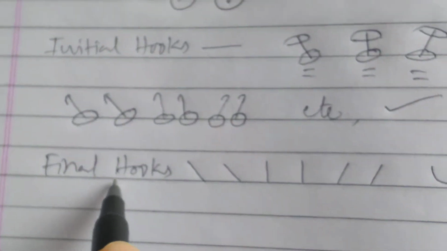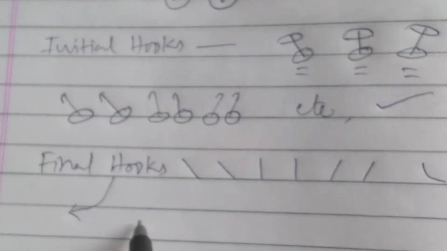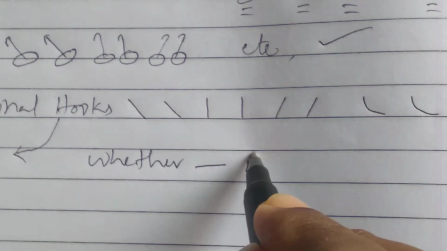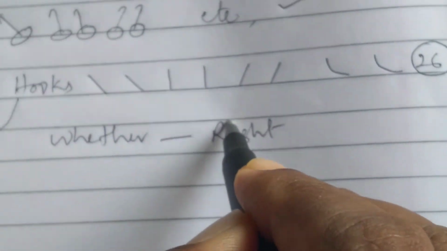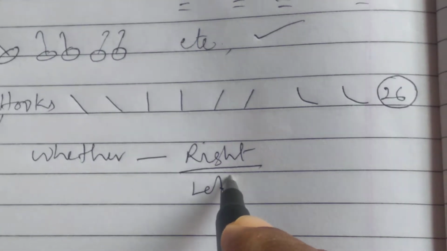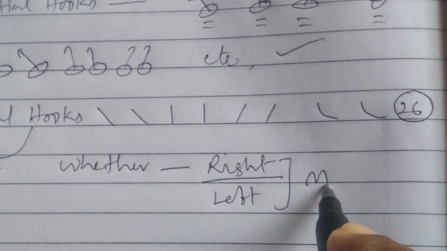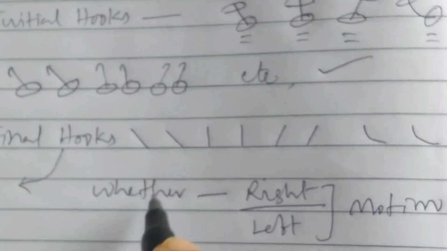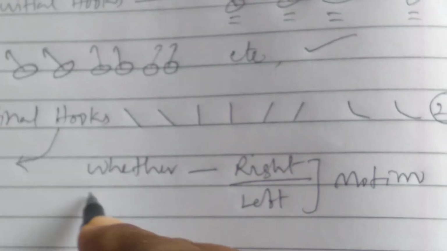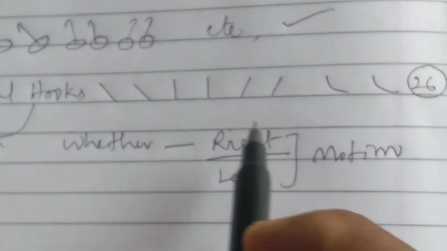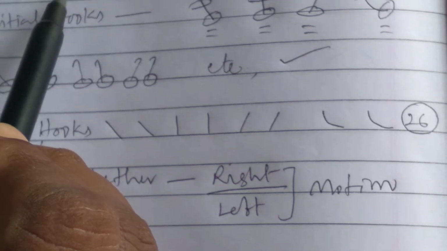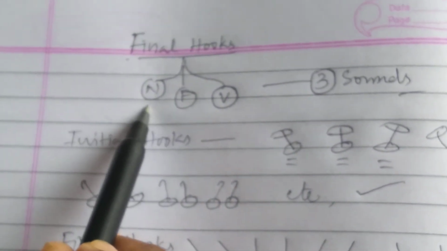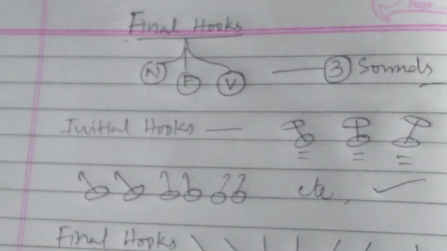What I am indicating here is whether it is right motion or left motion, which is important. That means now we have to move our hand with left motion and right motion. Already three sounds are given for us in final hooks: they are N hook, F hook and V hook.